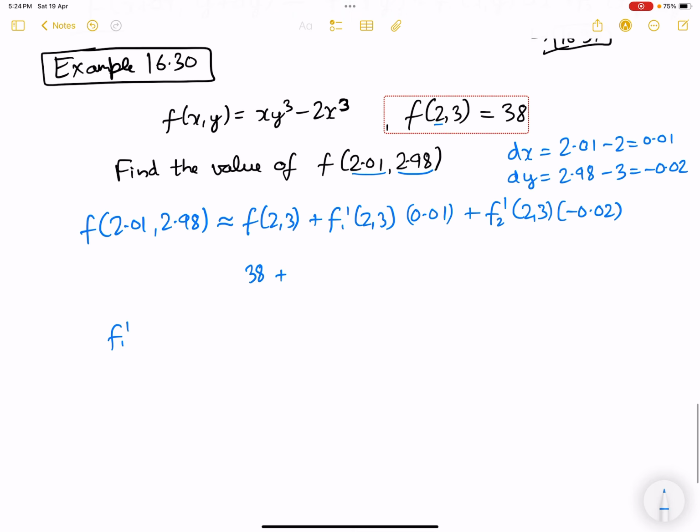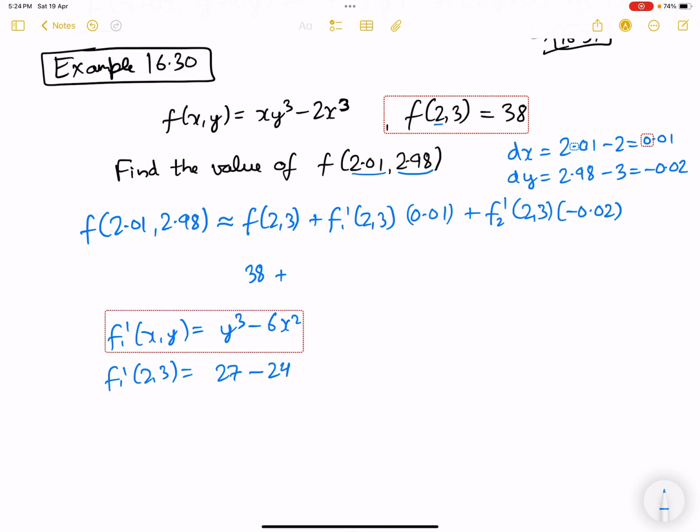Now f1 dash at xy is y cube minus 6x square. So f1 dash at 2, 3 is equal to 27 minus 4 into 6, 24, so this is coming out to be 3.